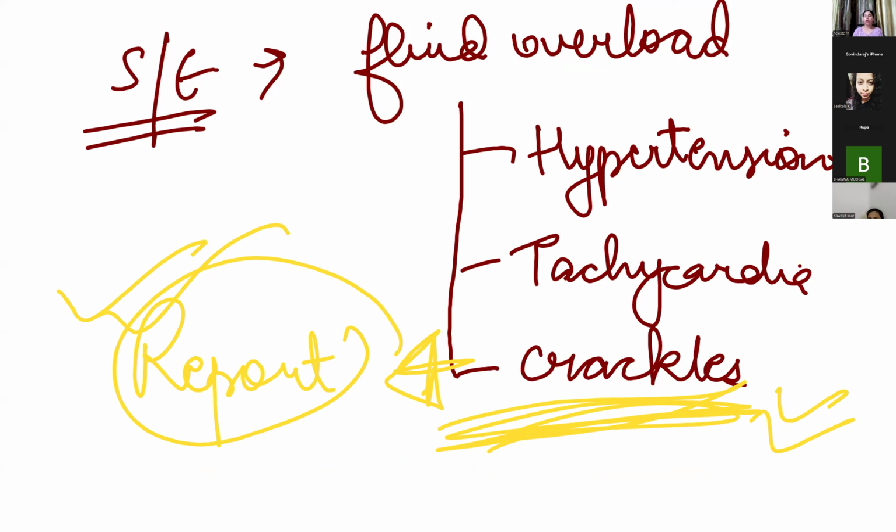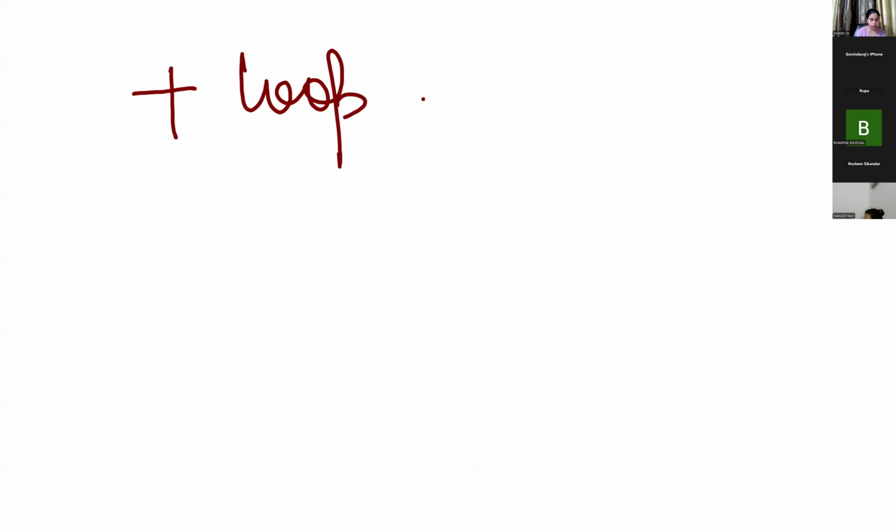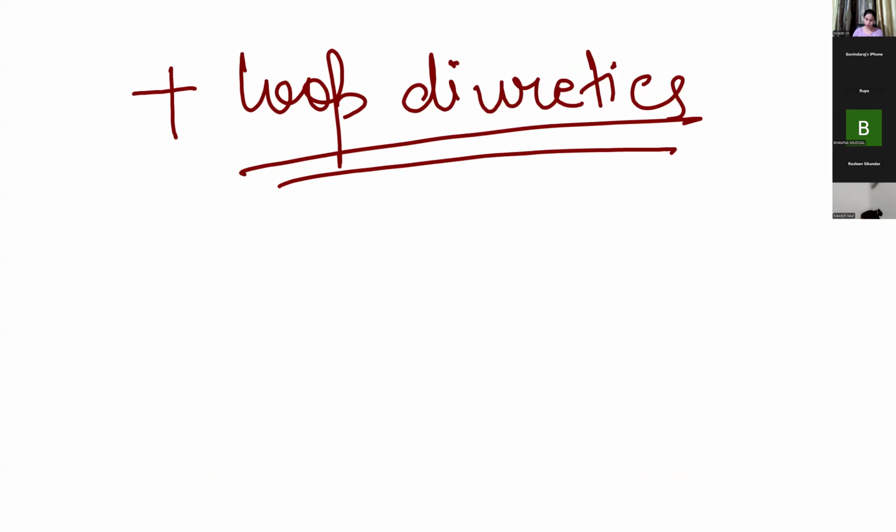So now we have seen the side effect of mannitol: it overloads the fluid. So what do you think, should we give mannitol or not? Yes, we should give mannitol. There is one catch. We have to give mannitol, we need to decrease ICP. Now the catch is that to deal with the side effects, we give loop diuretics along with mannitol.